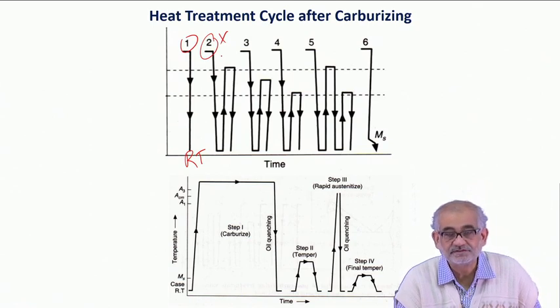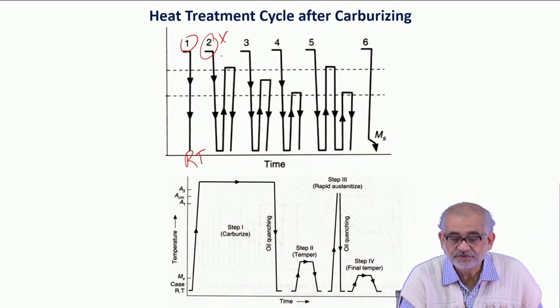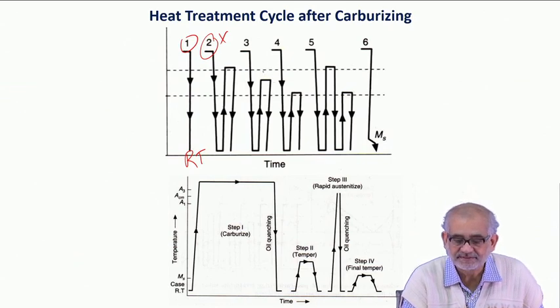So then what we do is, first we take care of the core, because the core is at a lower carbon content. So we heat to above AC3. So if we do separately, then we might do something like this, that we can heat treat.